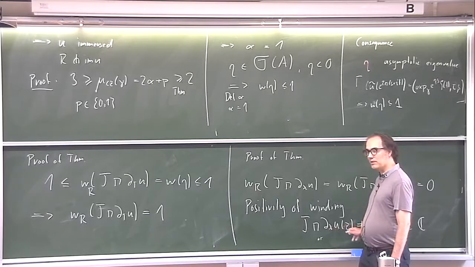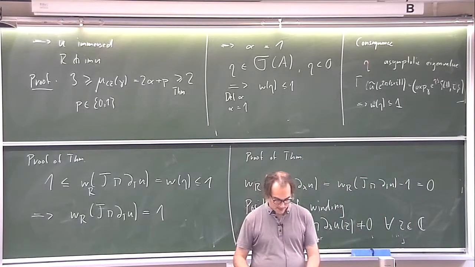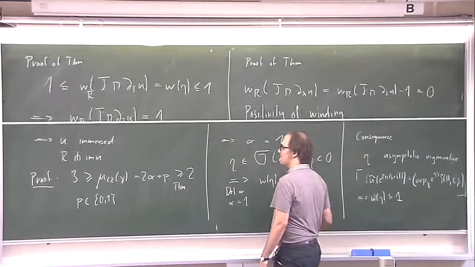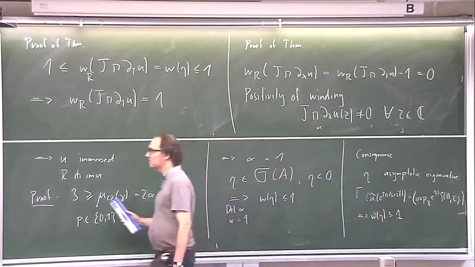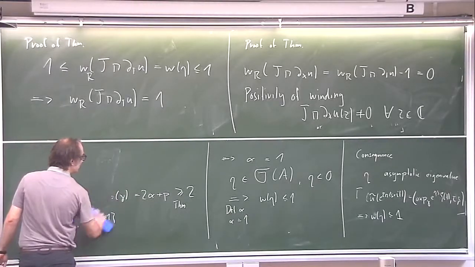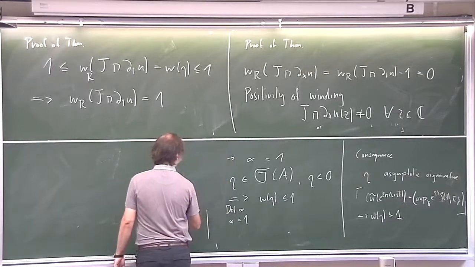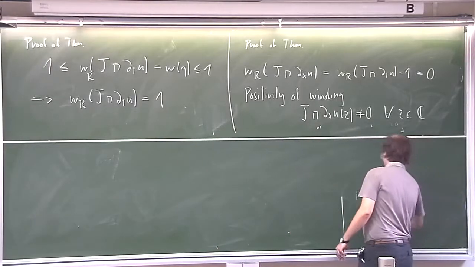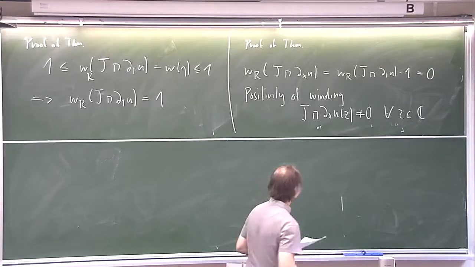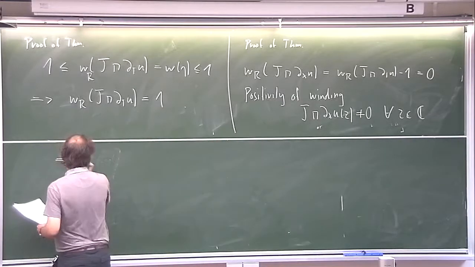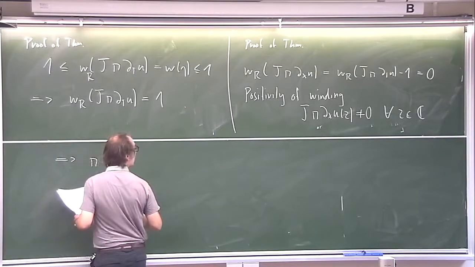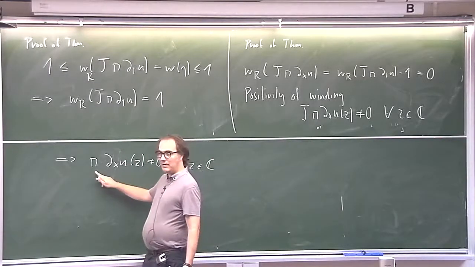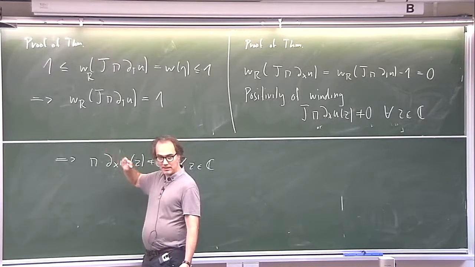So pi dxu is always different from 0 for all z in C. And you remember pi was the projection from the tangent space to the hyperplane distribution along the Reeb vector field.